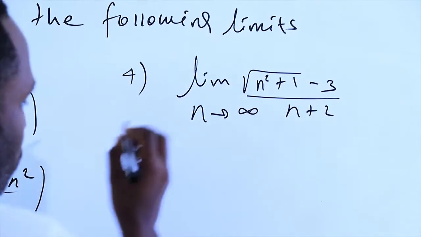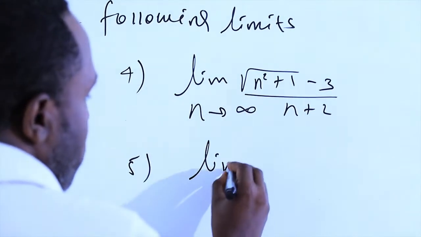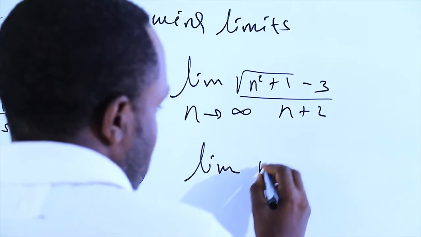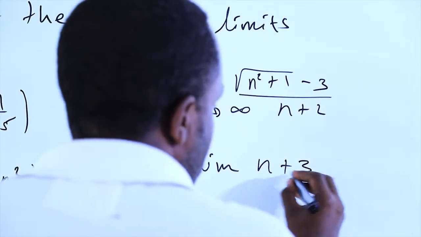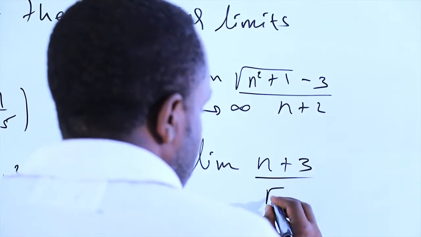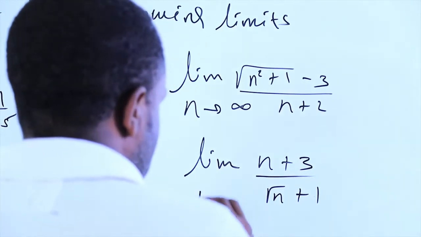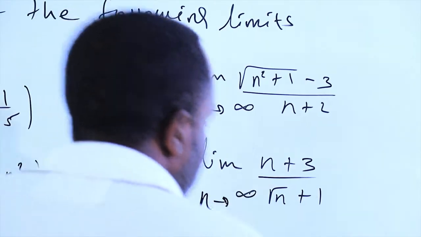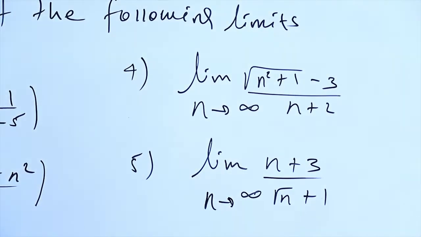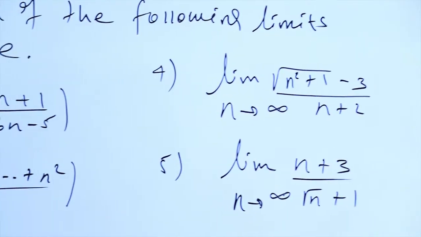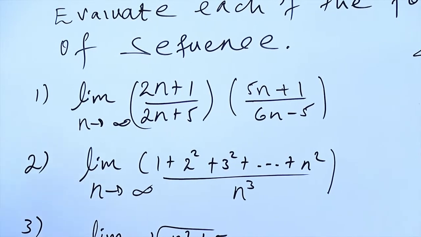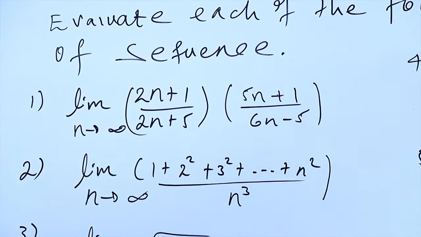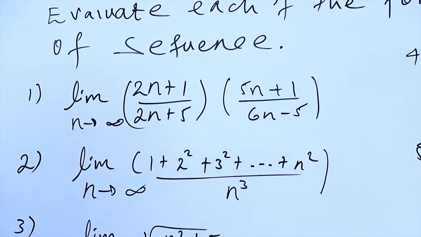And the fifth one is to evaluate the limit of the sequence n plus 3 over the radical of n plus 1, when n approaches infinity. All these are what we want to show, how to evaluate the limits of these sequences today.